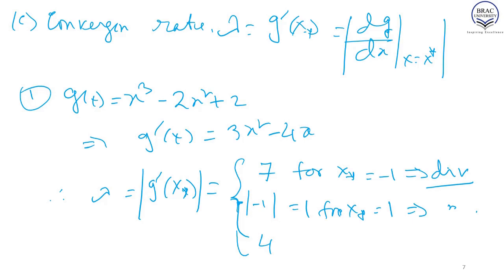So that is also greater than 1. This is for x star equal to 2. That means also diverging. Okay, because for converging, remember that we need lambda less than 1 for convergence.